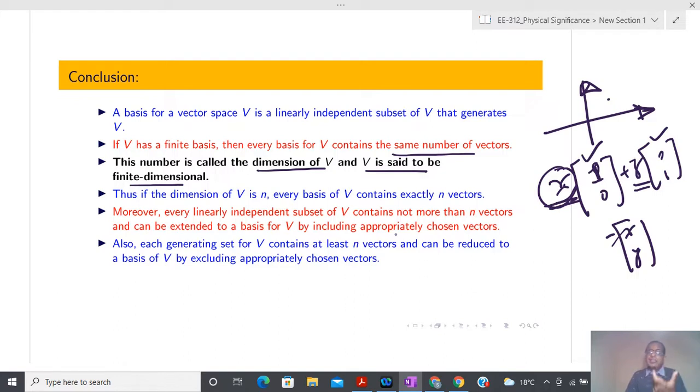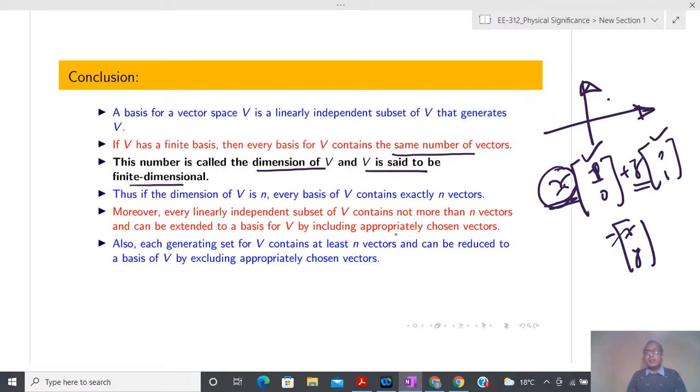Exactly this number of vectors is required to represent a space, and the number of vectors in the basis is called the dimension. So that is the idea of linear combination, span, linear independence and dependence, basis and dimension.